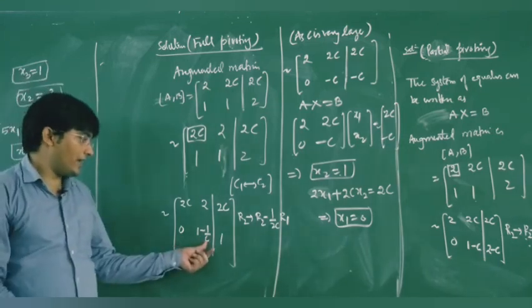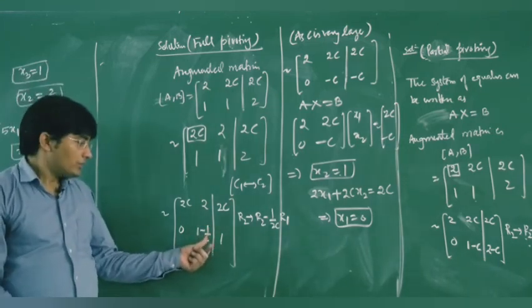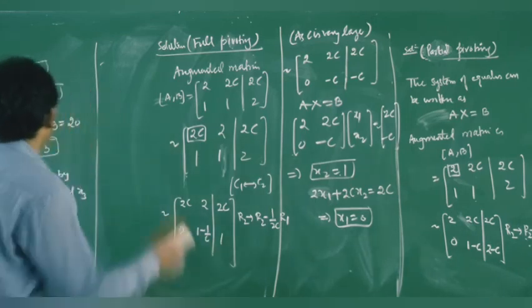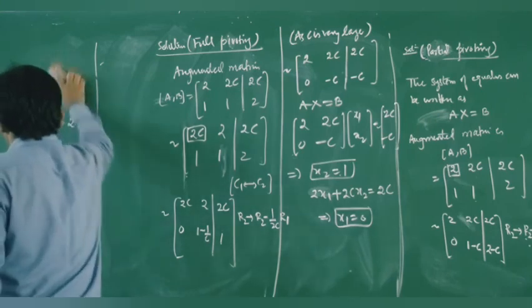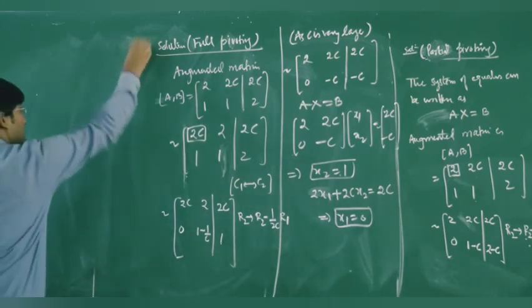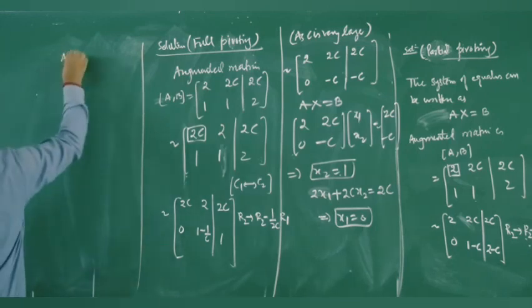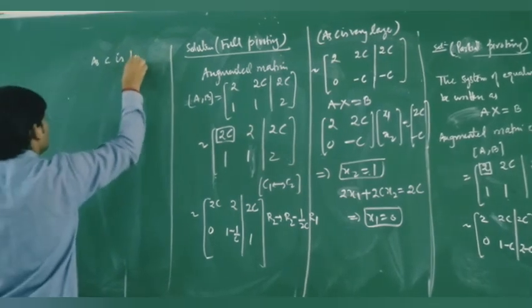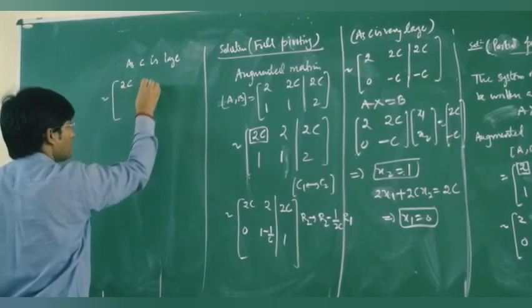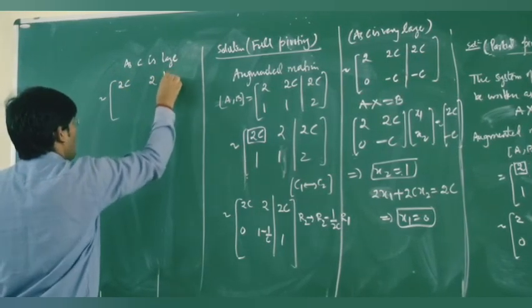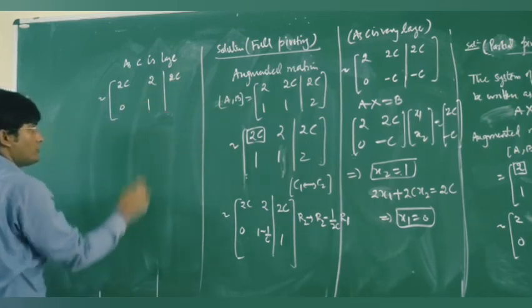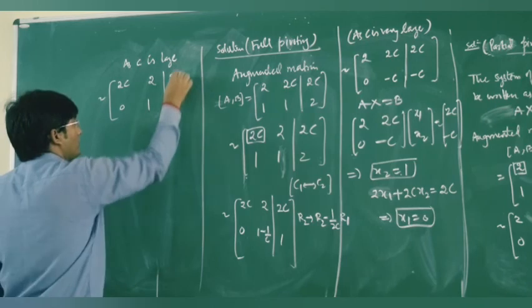So we have 1 by C. Now as your C is very large, so this is equivalent to 1. So as our C is again very large, so this is equivalent to 2C, 2, again we have 2C, now 0, now as C is very large, so this will be a 1, and here we have 1.